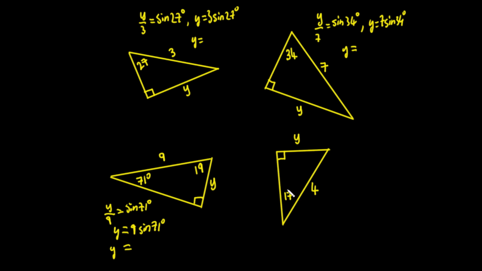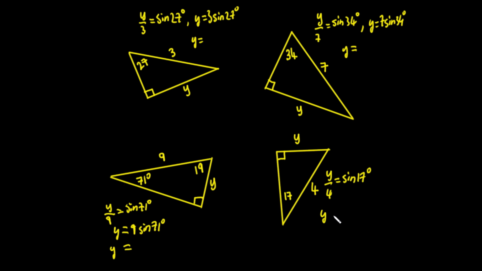Now finally, in this example, we're going to have the value 17, but again we're looking for the length y, and the length y is opposite that value, so we have the opposite and we have the value for our hypotenuse, which is 4. So again, this is a simple one. We can say that y divided by 4 is equal to the sine of 17 degrees.